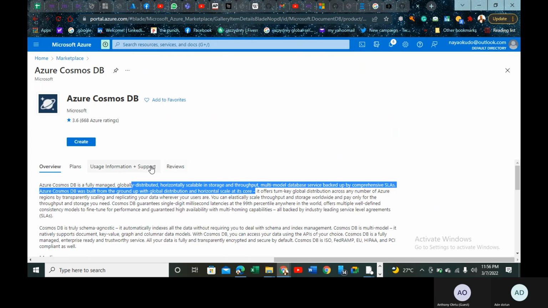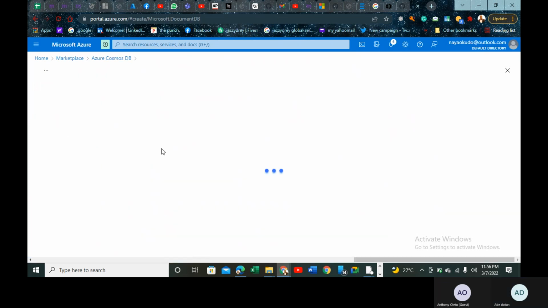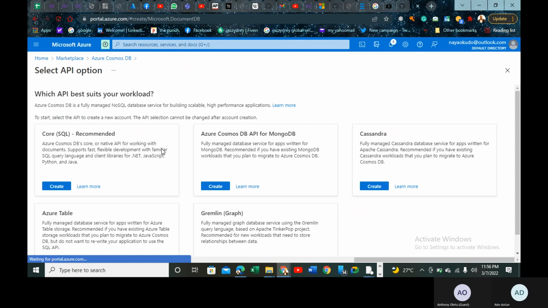So you can just create. Let's create it and see. Which API best suits your workload? CosmosDB is a fully managed NoSQL data service.